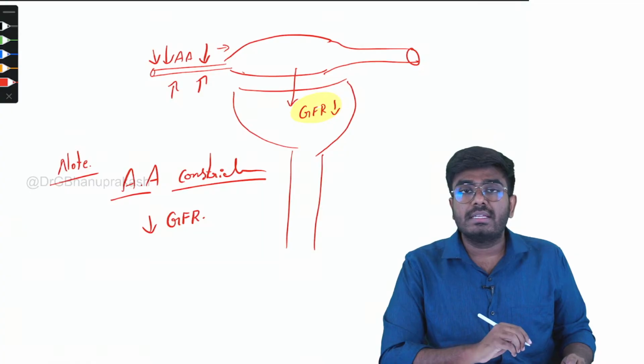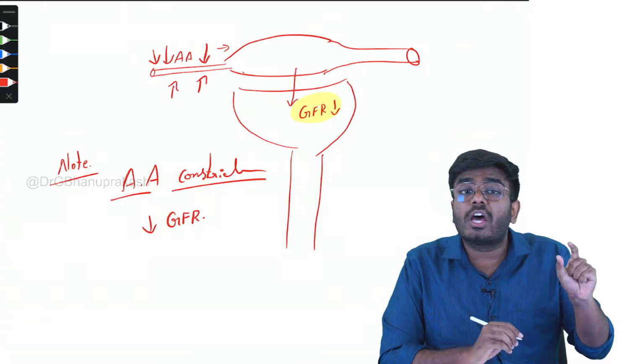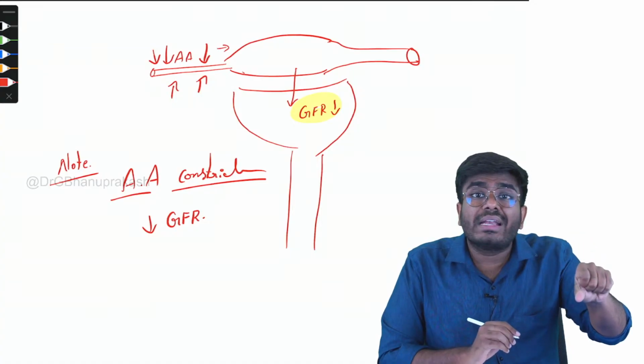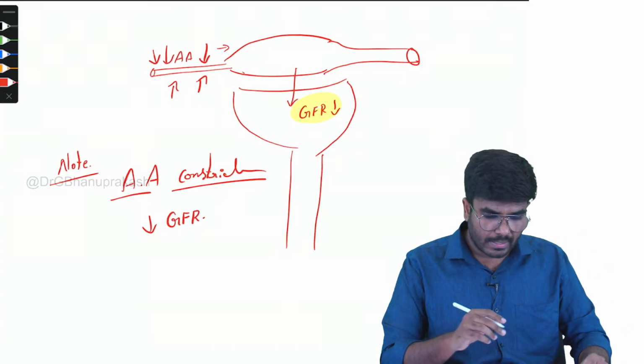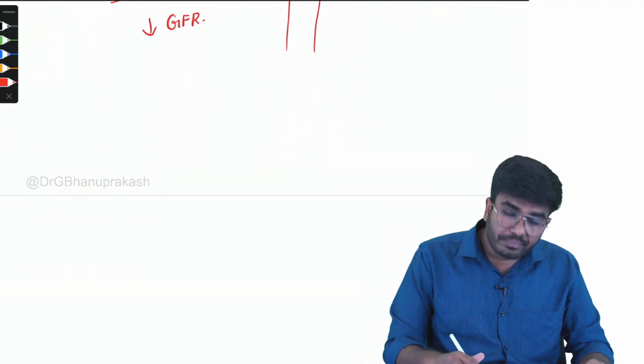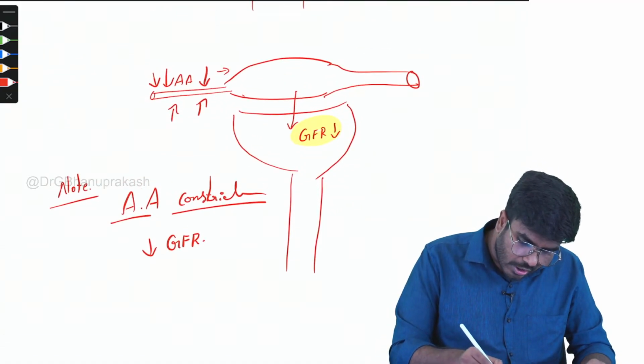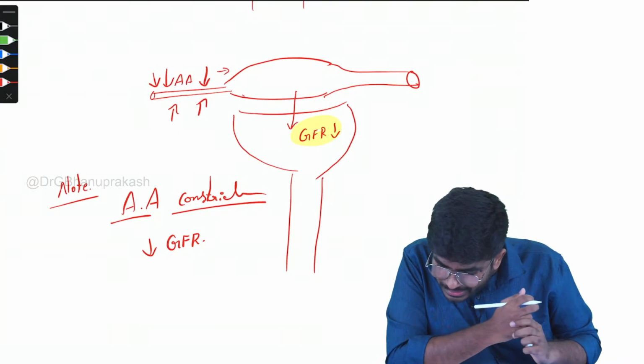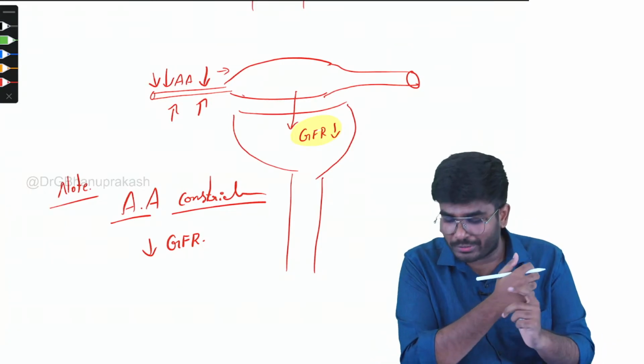Now my question is, which substances will cause afferent arteriolar constriction? Anyone can say the substances which are causing afferent arteriolar constriction? Yeah, Ismail, I am just asking you only. Okay, you tell me.